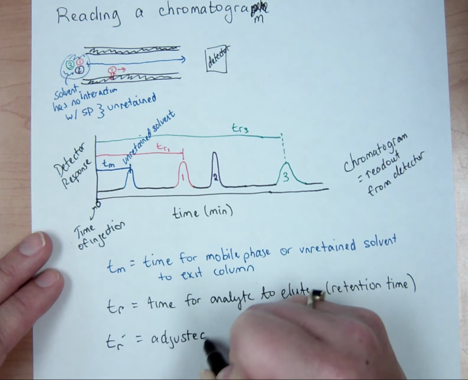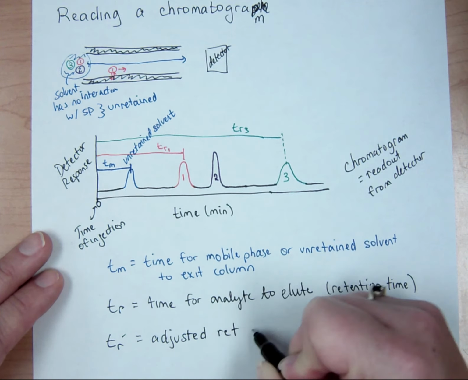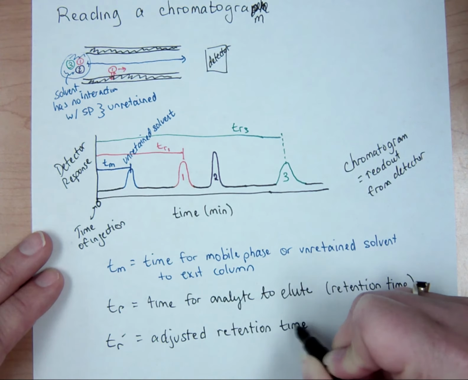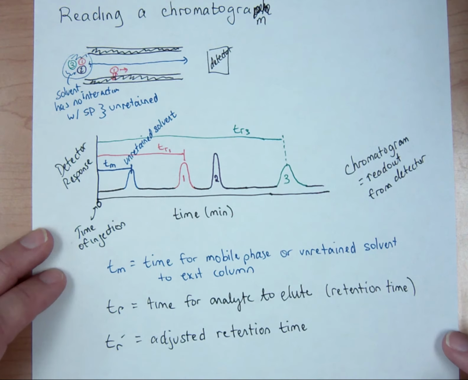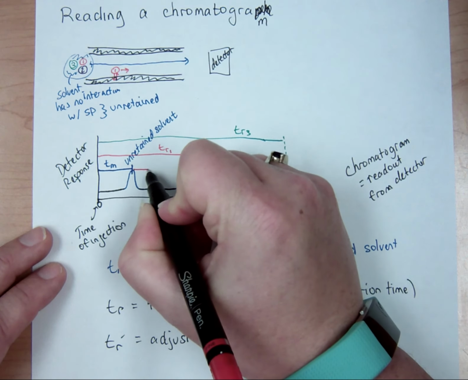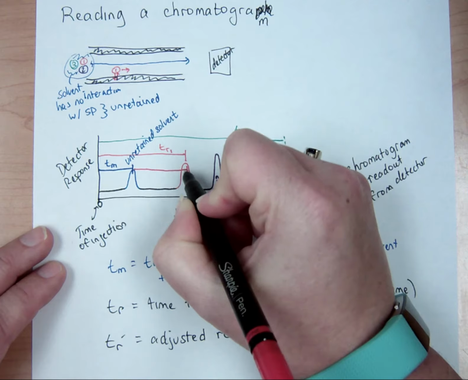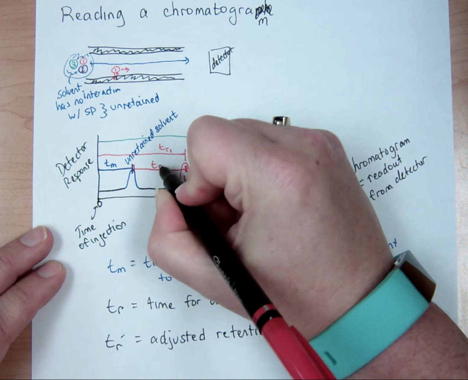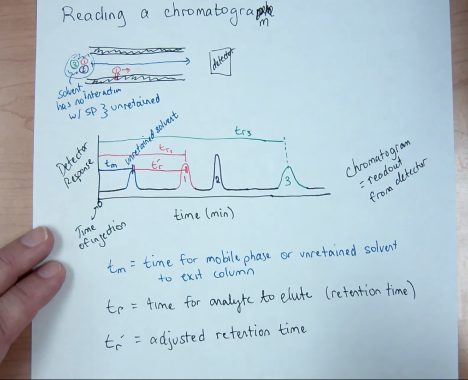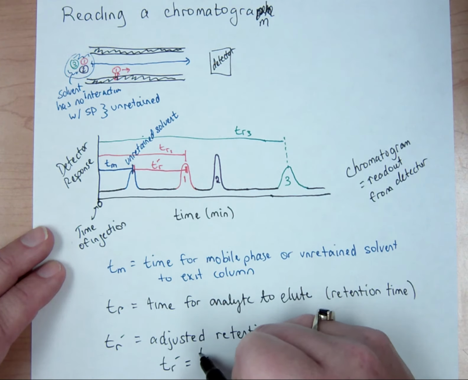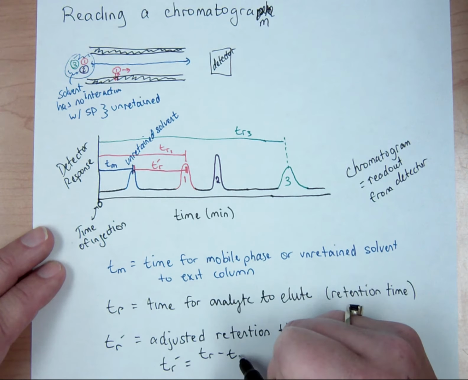And what this basically says is how much time does it take for the analyte to elute after the unretained solvent elutes. Okay, so for TR prime for analyte 1, we're just looking at the difference between our TR and our TM. Okay, so TR prime is equal to TR minus TM.